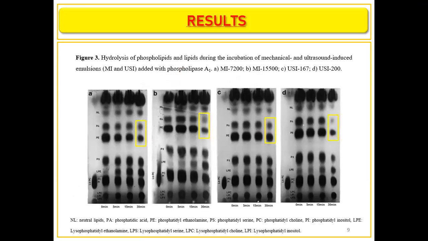By the time that we were doing the enzymatic assay, we also took aliquots to evaluate how the hydrolysis takes place during 30 minutes. We took aliquots at 5, 15, and 30 minutes, and we see the difference in each.